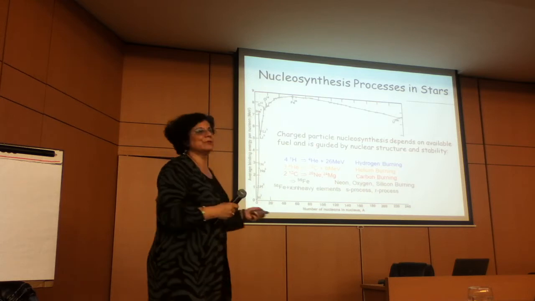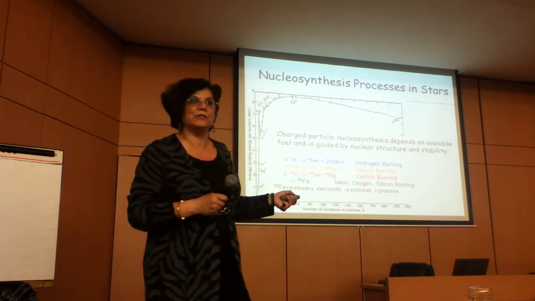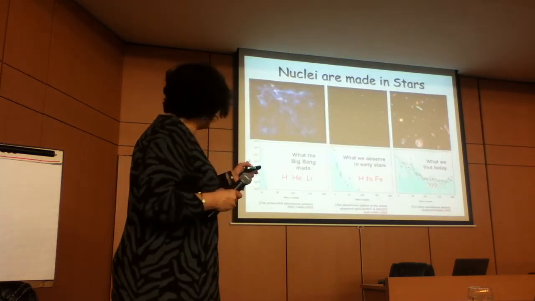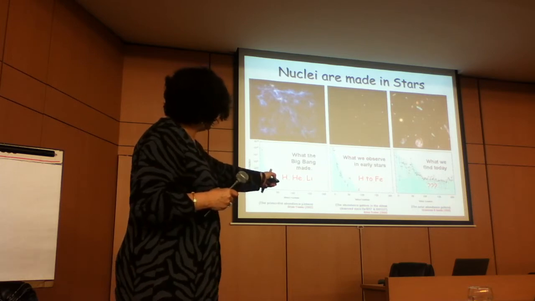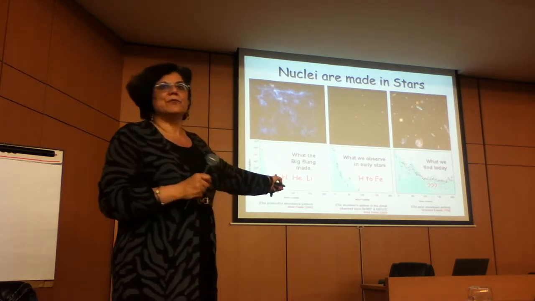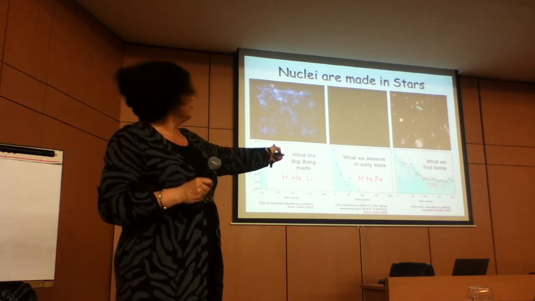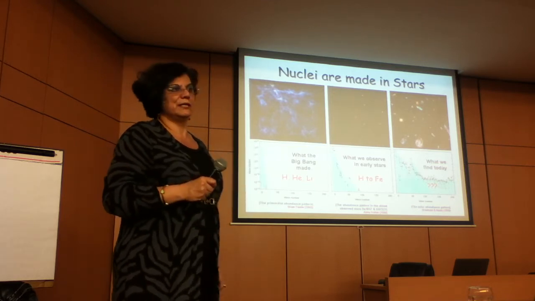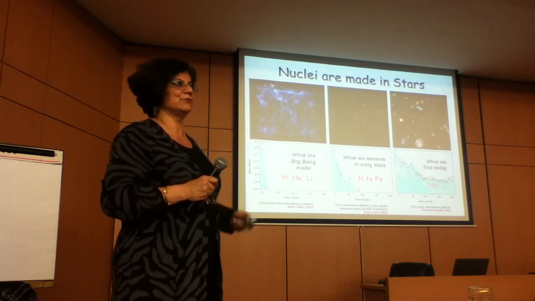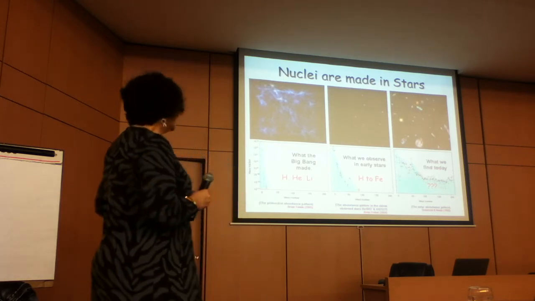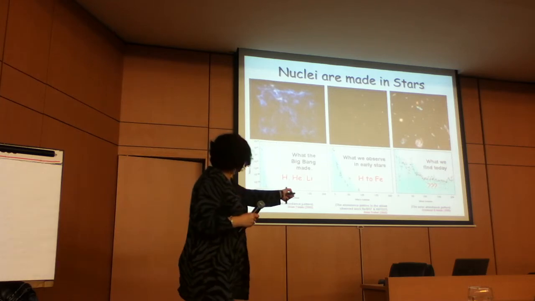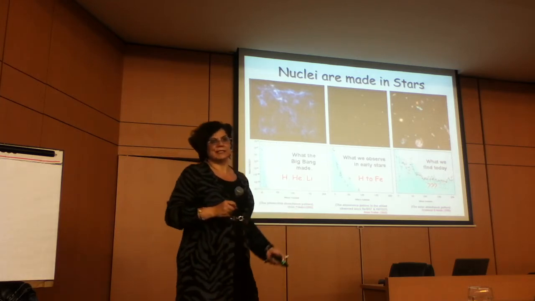We also know enough nuclear physics that if we want to make heavier nuclei, so if we want to make what we observe today, we can't do it with those charged particle reactions. We know that we can do it by incorporating neutrons, neutron reactions, beta decays, and so on. So we basically invented two processes here.